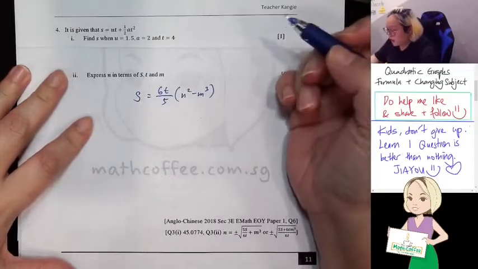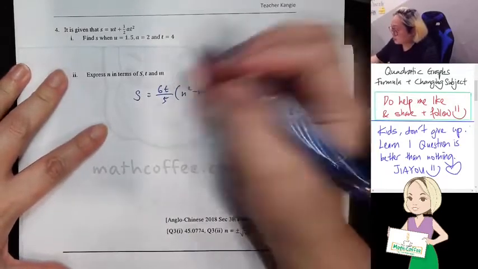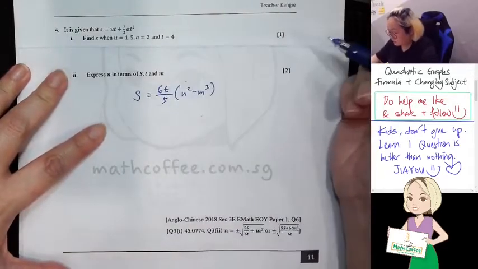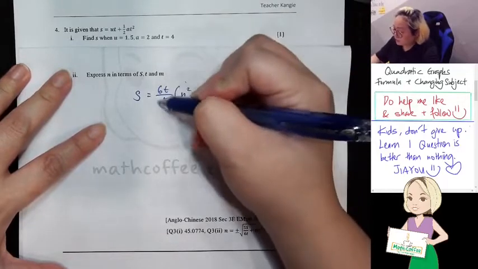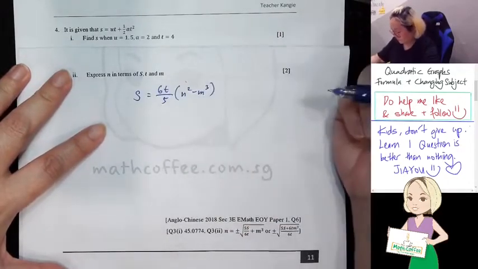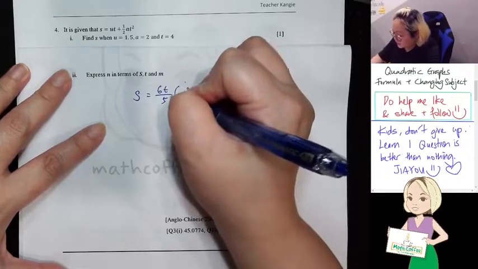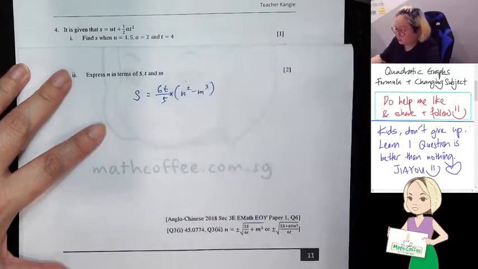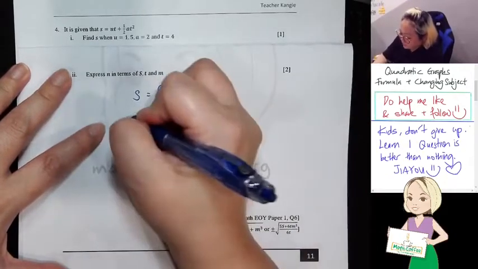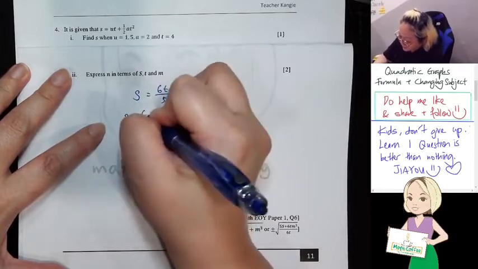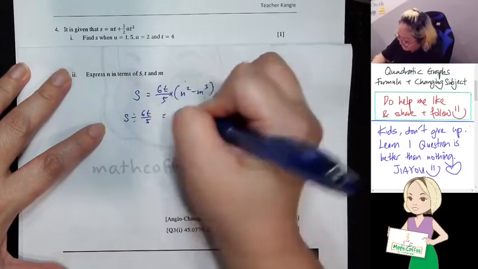Okay, let's continue. I have a few ways to do it. Some students do rainbow first. I can also bring these to the left hand side. You see, this is multiply. If I bring over, it becomes S divided by 6t over 5.